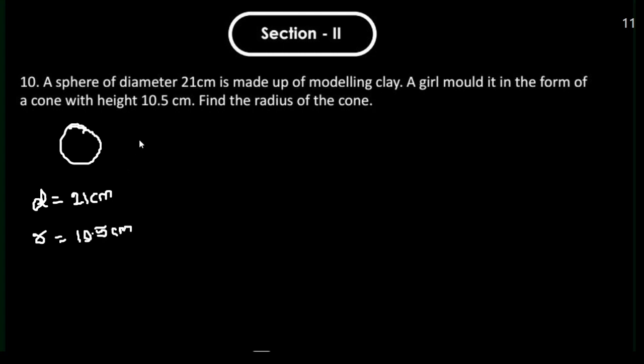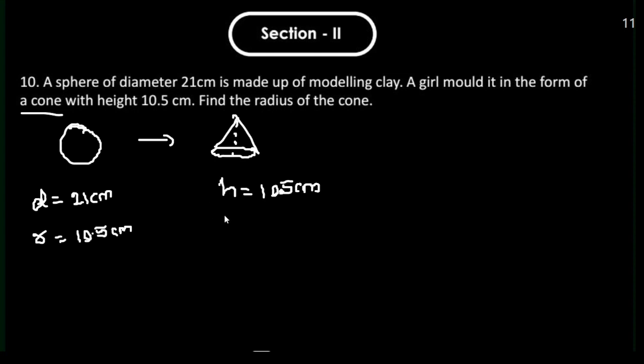Got it? Now he has transformed it into the form of a cone, right? So the cone shape will be like this. This is the cone, fine. And its height h is equal to 10.5 centimeter.